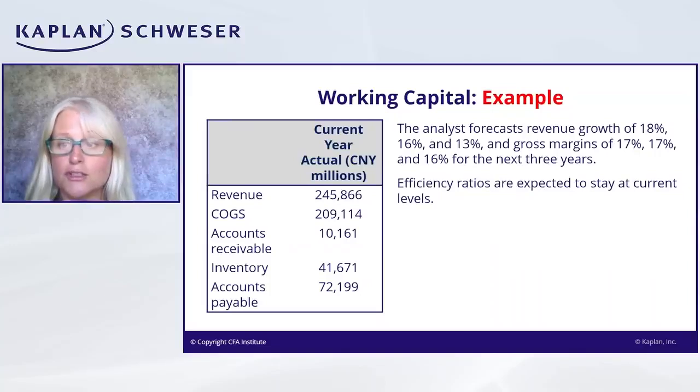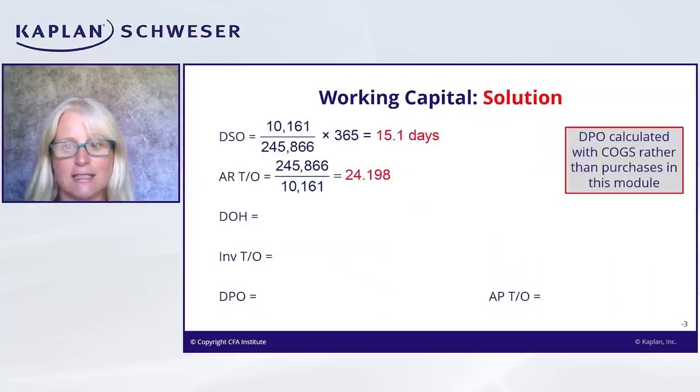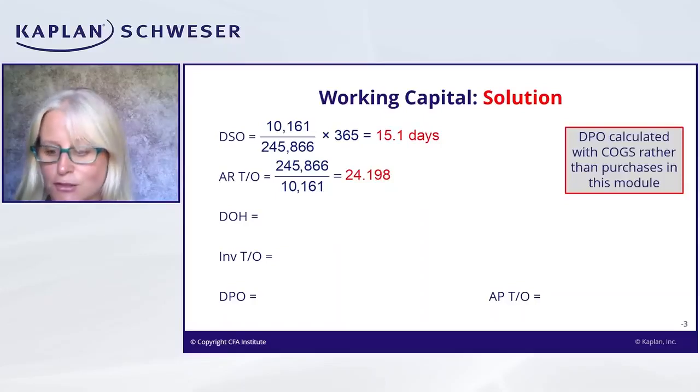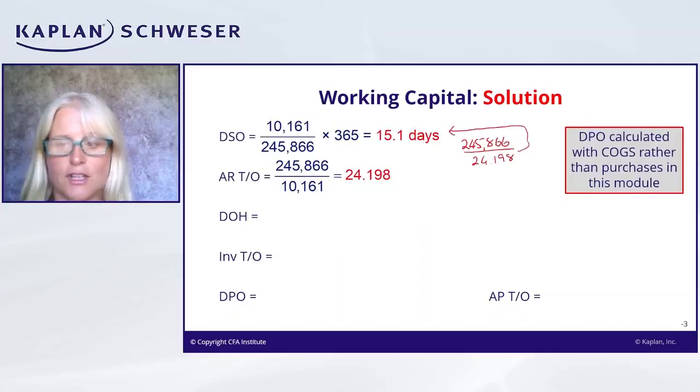Okay, so efficiency ratios are going to stay where they are. So what are our efficiency ratios? Well, we've got them worked through on the next slide. So days sales outstanding or turnover, remember they are interchangeable, because you could get to the days sales outstanding by taking your revenue divided by the turnover.